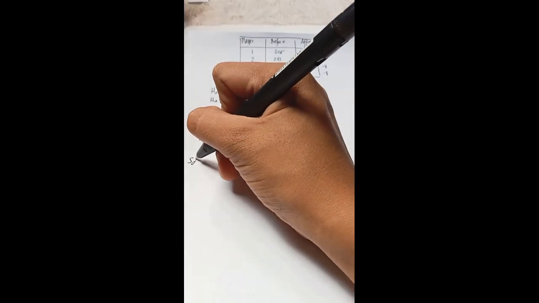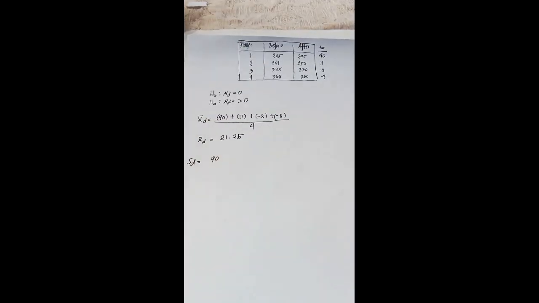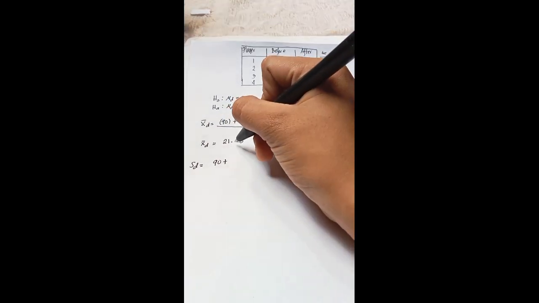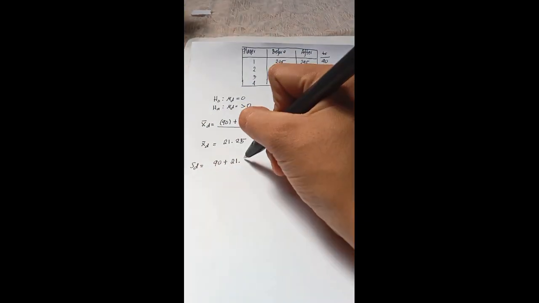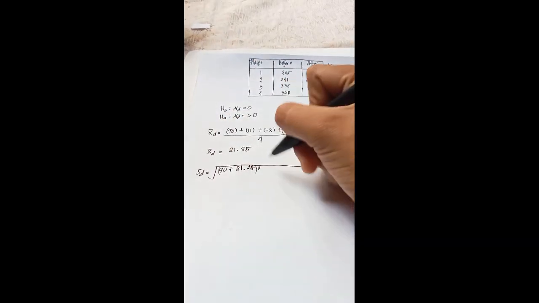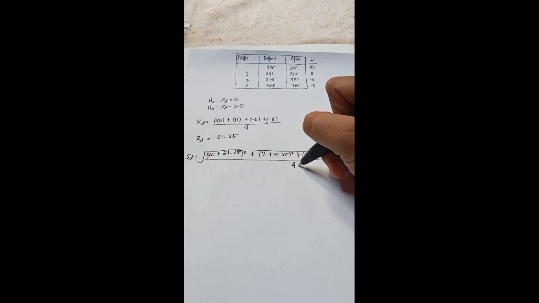So s_d equals the square root of: we take each difference, the first one is 90, minus the mean difference, which is 21.25, squared, and so on for each difference, added up, divided by 4 minus 1.